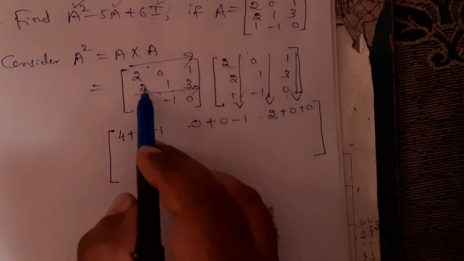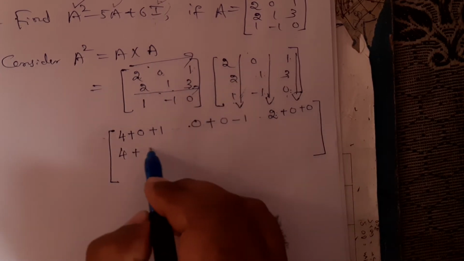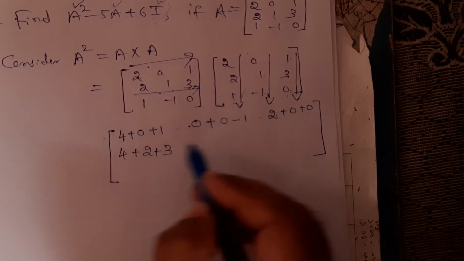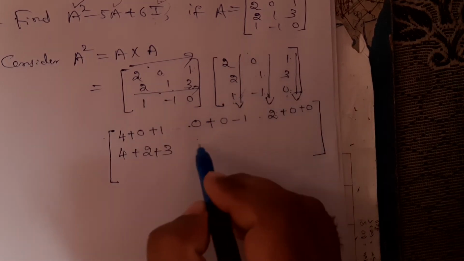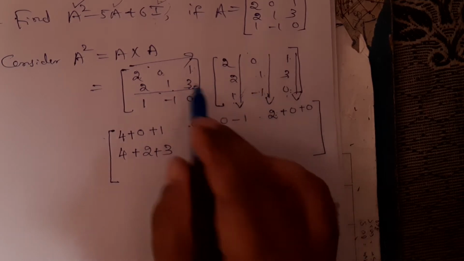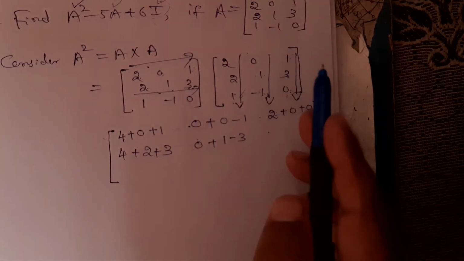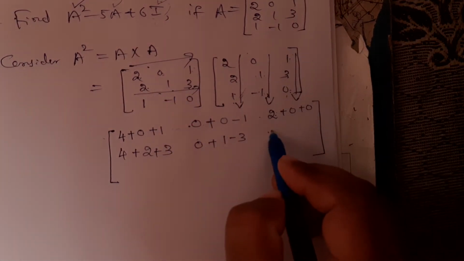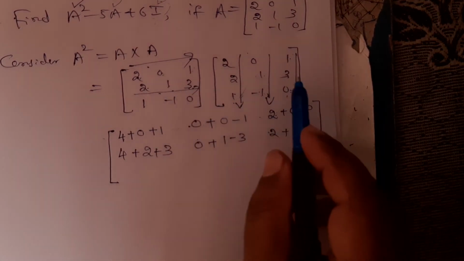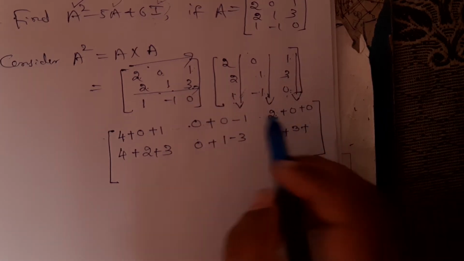In this way we have to do it. 2 into 2, that will be 4, plus 1 into 2, 2, plus 3 into 1, that is 3.